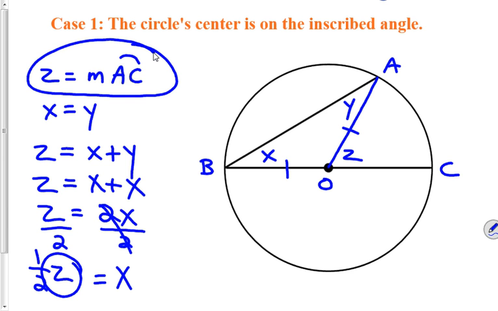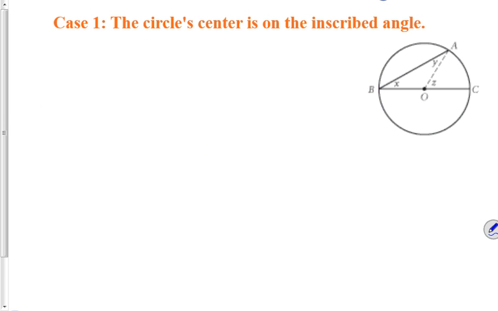Now, creating the argument is not the same as writing the proof, right? We have not written a proof yet. That's the next step. So we have our diagram in the top right corner. Now we need to start writing the proof.